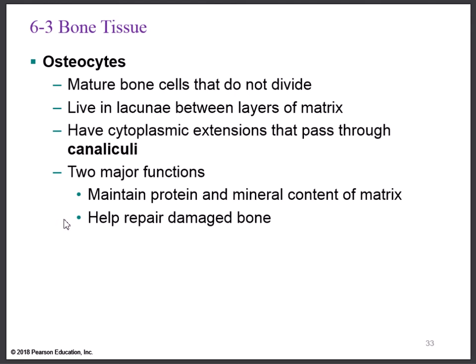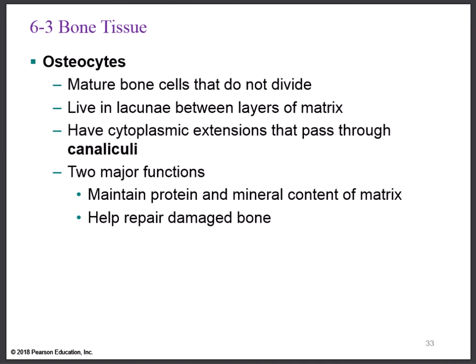The major function of osteocytes is right here. A cyte cell maintains. A blast cell from the previous slide produces. A cyte cell is going to maintain. So its job is to maintain the matrix.